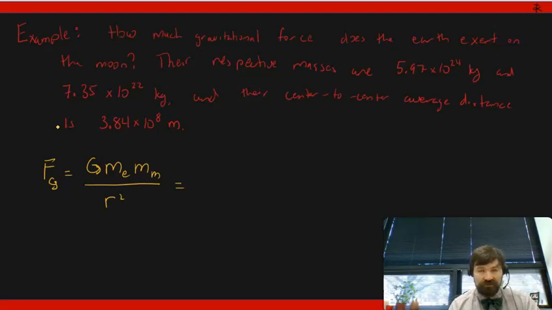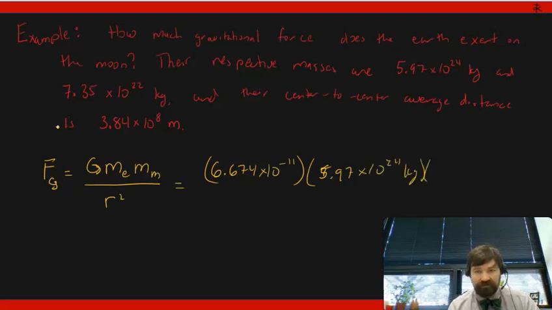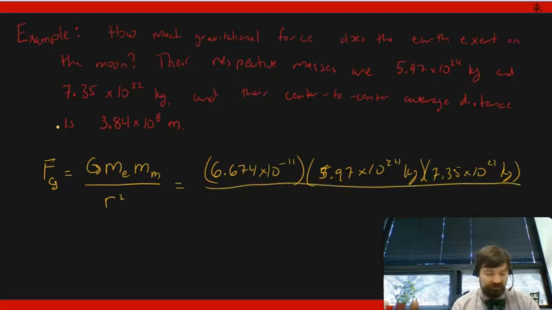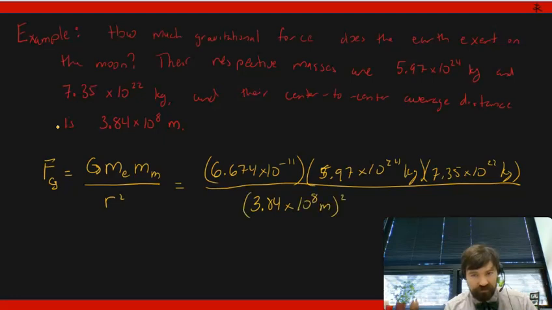So this comes out to 6.674 times 10 to the negative 11th times 5.97 times 10 to the 24 kilograms times 7.35 times 10 to the 22 kilograms, all divided by 3.84 times 10 to the 8th meters quantity squared.